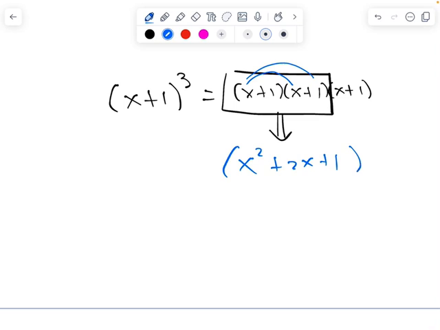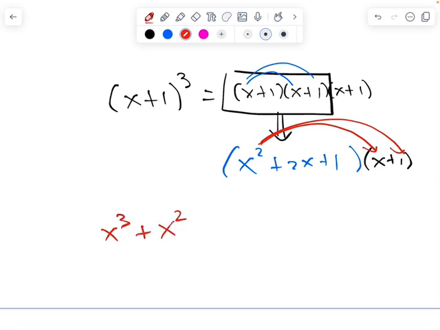And then we've still got to go back and multiply it by the x plus 1. So we get the arrows, and we hit that one and that one. x squared times x is x cubed, plus x squared times 1 gets x squared. Now, this x squared has been used up. I'm going to cross it out.